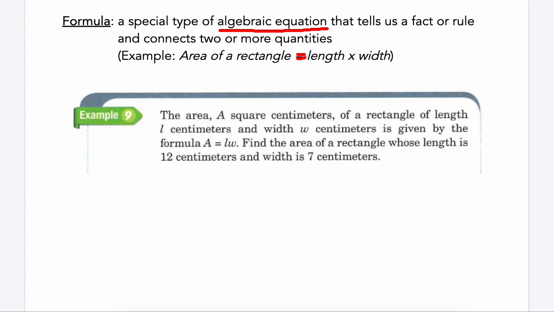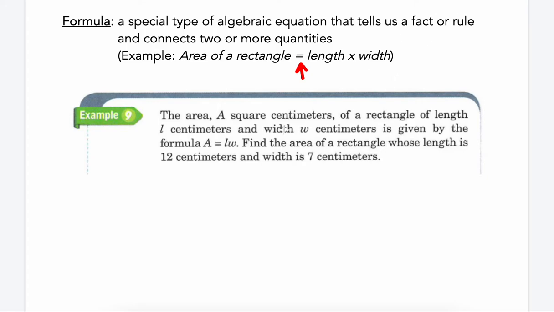And you've probably seen this again and again, right? We know that the area of a rectangle is equal to, that's what makes it an equation, length times width. So in order to find the area of a rectangle, we know we can always multiply the length times the width to get it. It is a fact, it is a rule, and it's an equation. So this is a formula.